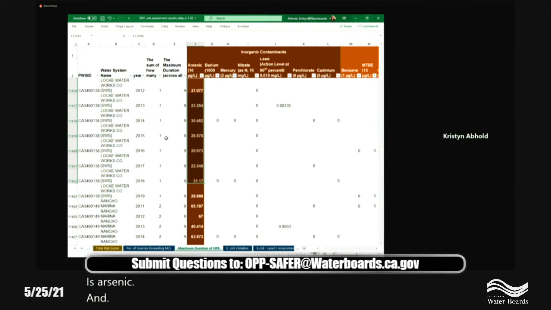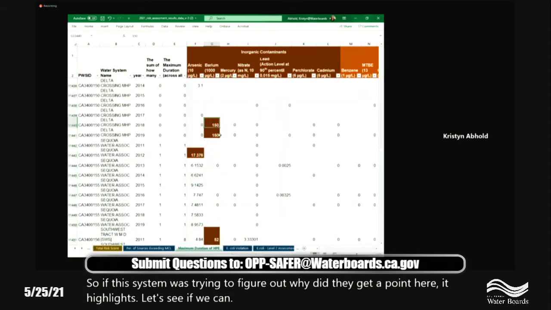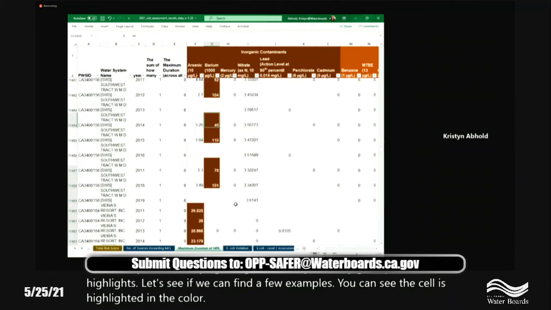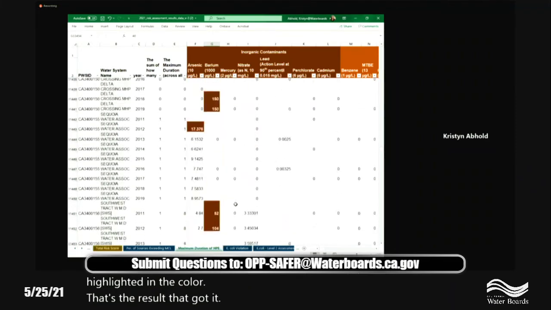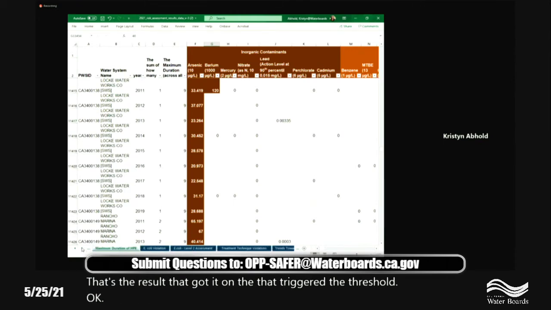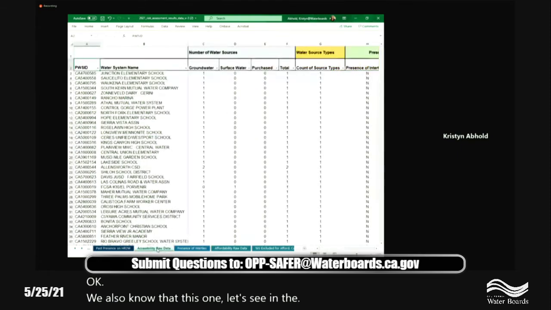If we're trying to figure out why they got a point here, you can see the cell is highlighted in the color, and it's the result that triggered the threshold.